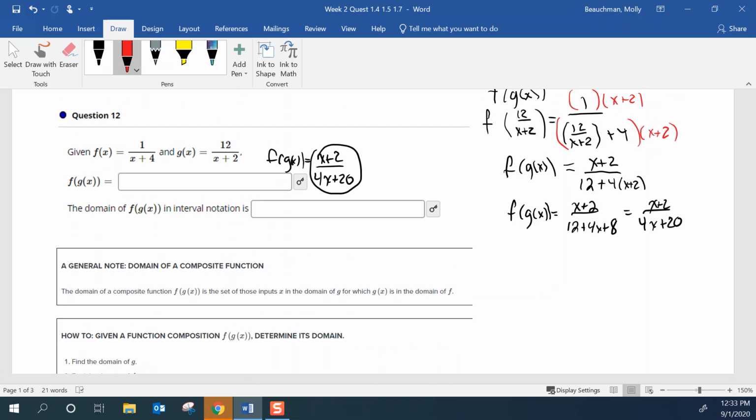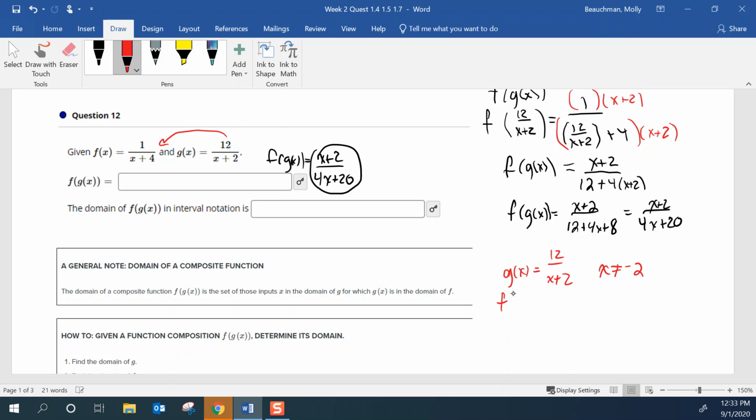So first of all, g of x is what we're going to substitute into our function f. Okay. So what is the domain of g of x? G of x is 12 over x plus 2. So x cannot equal negative 2, because negative 2 is what makes the denominator 0. Okay?